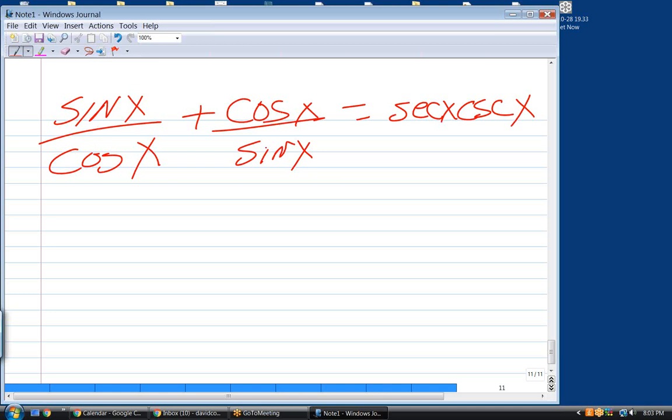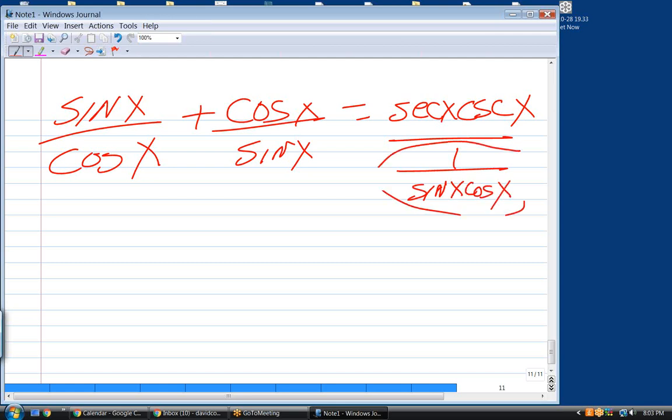But that wouldn't get us close to that. Wouldn't I have to keep it in sine and cosine? I would, because looking at that, I can tell that's the reciprocal of cosine, and that's the reciprocal of sine. So the right side is actually this.